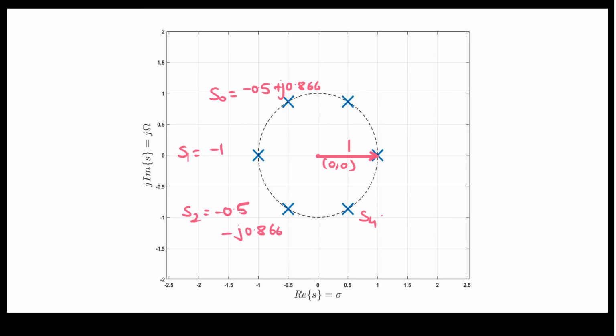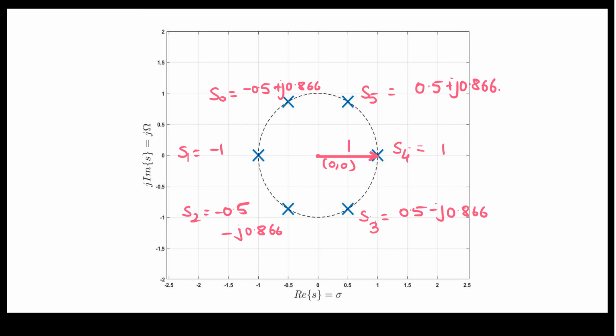This is s3, this is s4, which is equal to 0.5 minus j times 0.866, and this is s5, which is equal to 0.5 plus j times 0.866. So these are the 6 locations at which the poles are located.